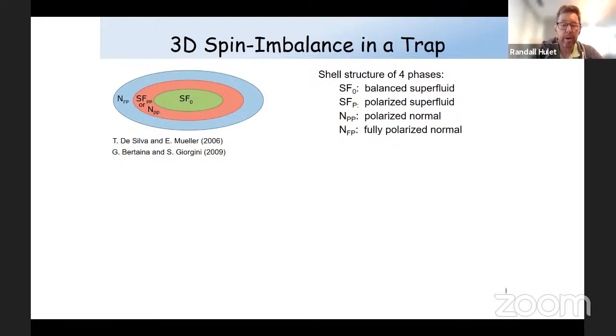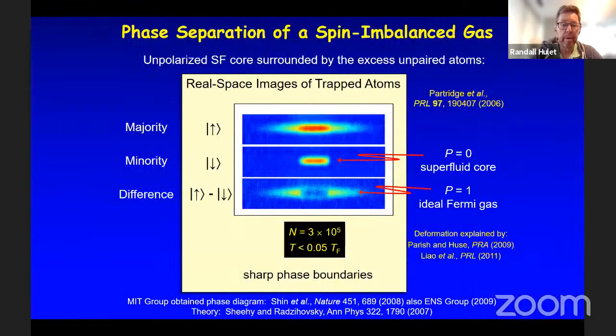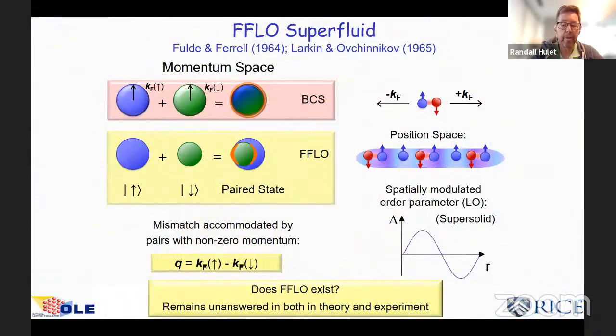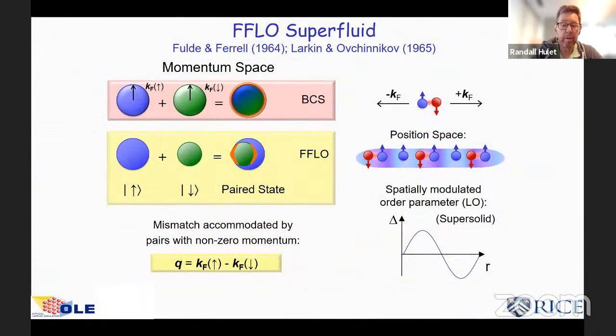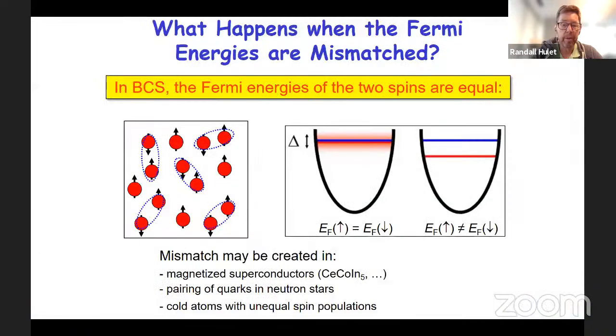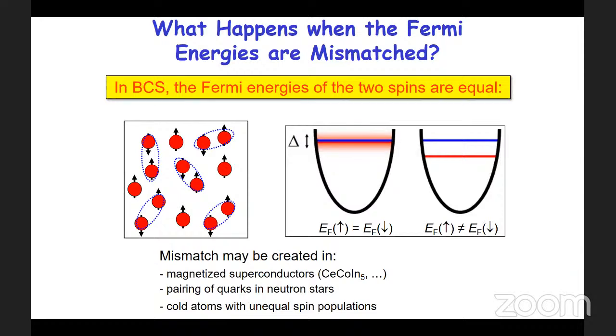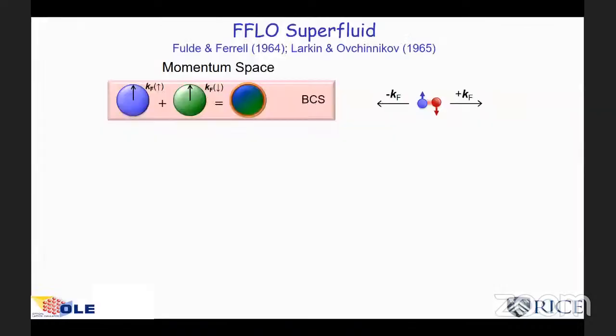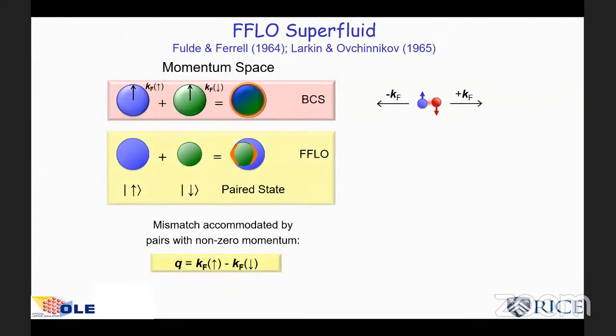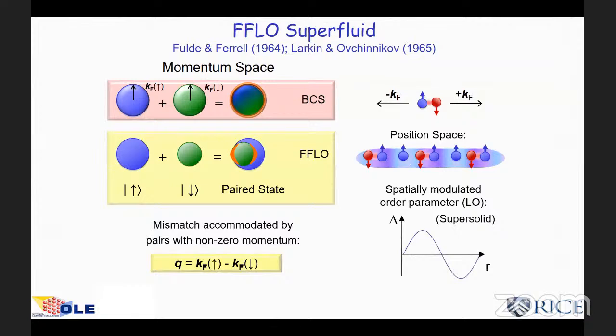So before I enter a little into the more detailed section, maybe I should stop here and ask if there are any questions about the concept of FFLO, what it means. I have a question about that. If the pairs have net momentum, it looks like the average momentum across the surface would be unbalanced.